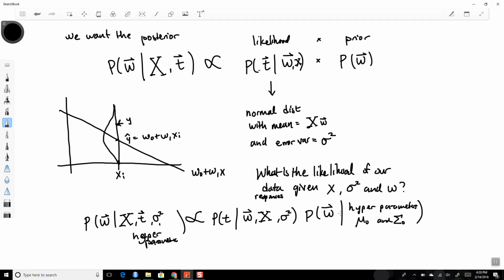Okay, let me see if I can illustrate what we're going to do. All right, so I will show you with grid approximation first, and then when the grid approximation breaks down, we'll do some math. So imagine this is my parameter space for W0 and W1.